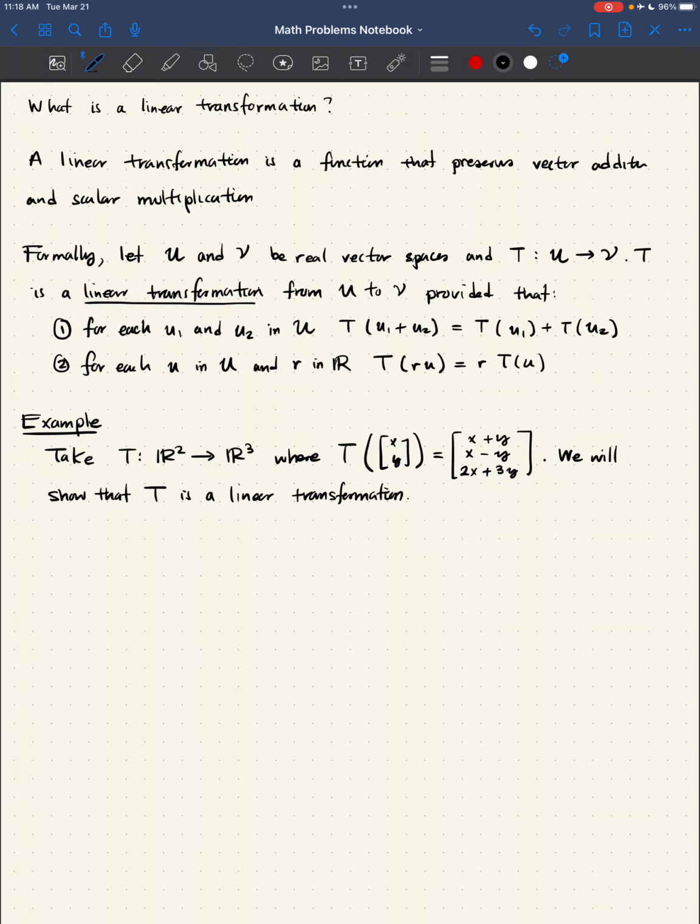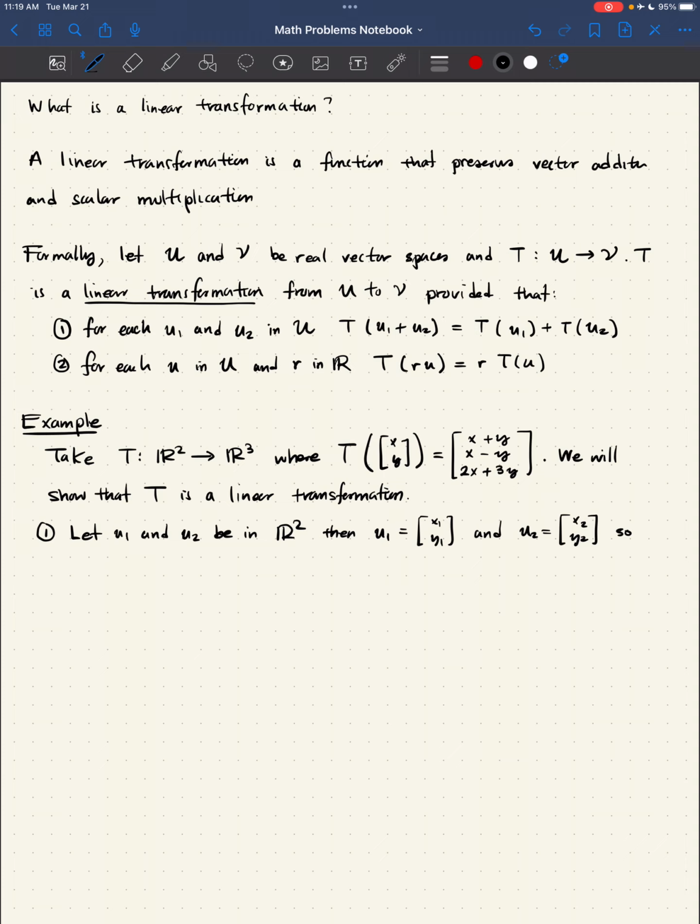How? Well, we're going to use a template provided in the definition itself. So first, we're going to let U1 and U2 be in R2. So these are two vectors on the plane. Then we can describe U1 by its coordinates x1, y1, and we can describe U2 by x2, y2.